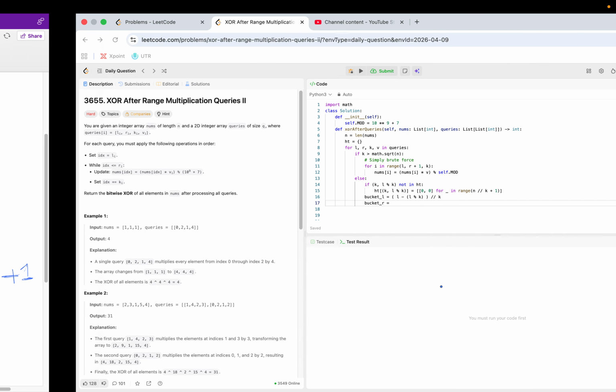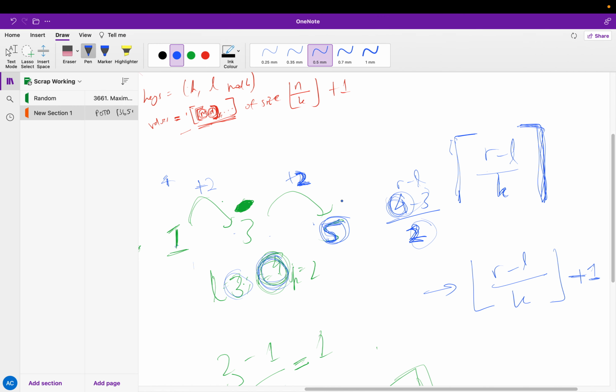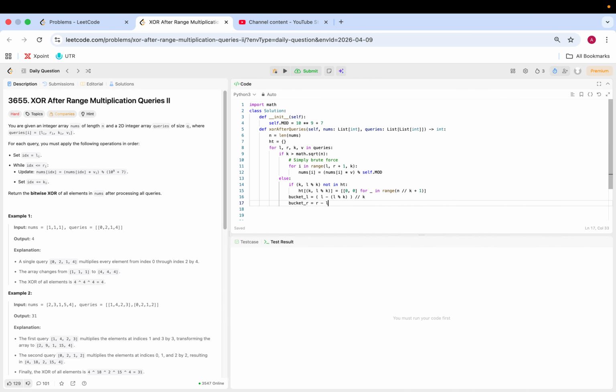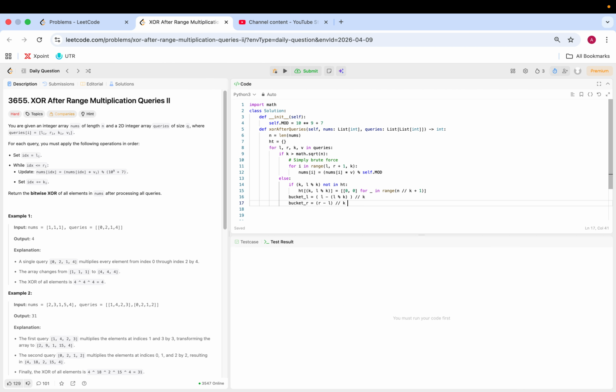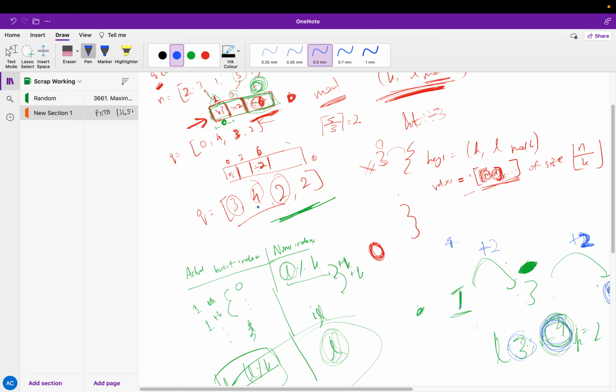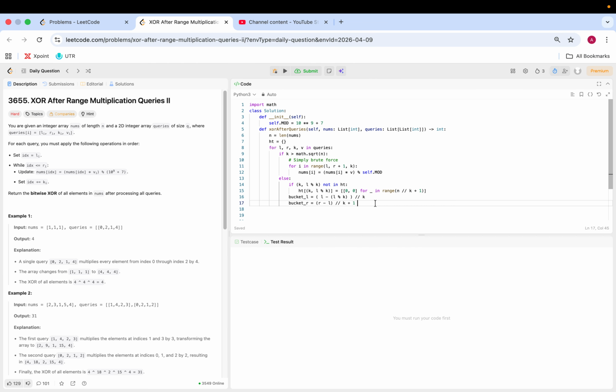So I think this is my formula. Bucket R will be R minus L divided by K, and then add 1 on the end. This tells us which value should get the division value.